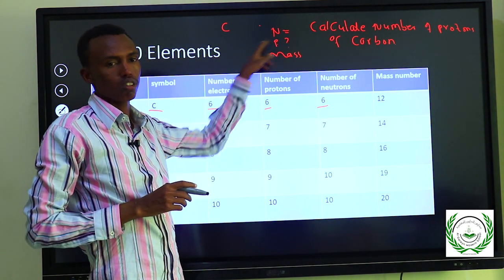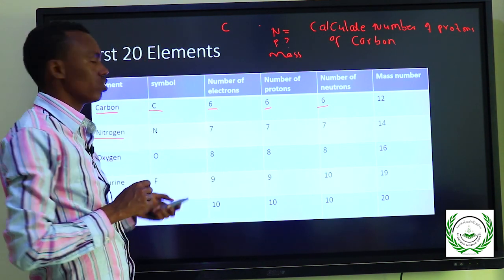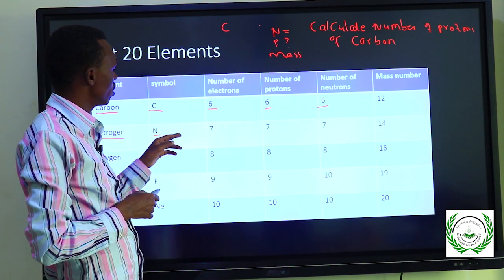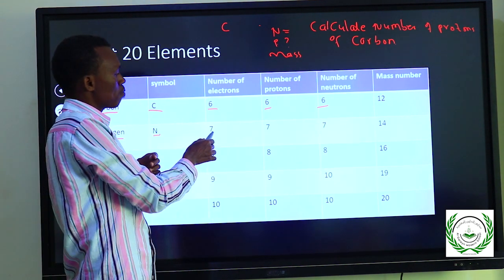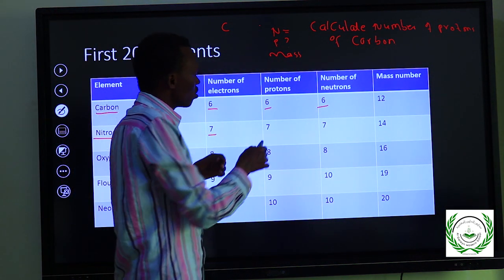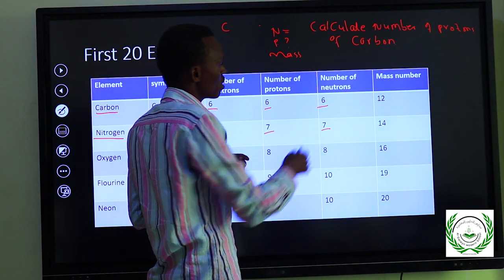Try to calculate the number of protons of carbon. The next element is nitrogen. Its symbol is N. It has 7 electrons, the number of protons is also 7, and the number of neutrons is 7.